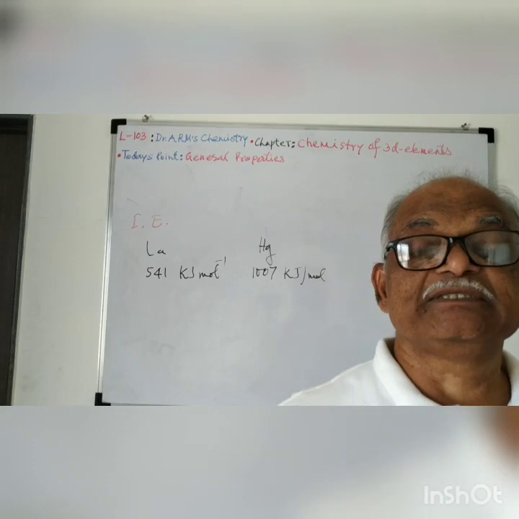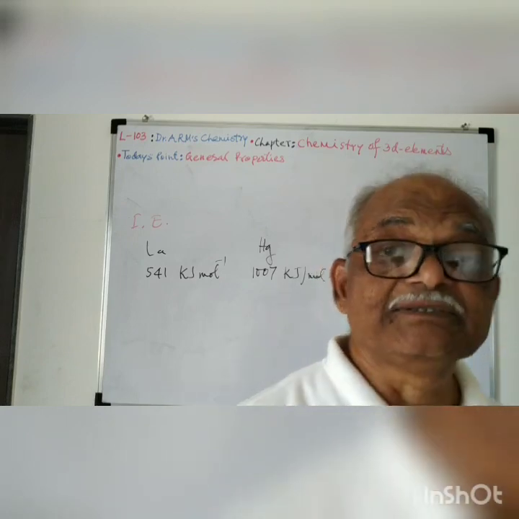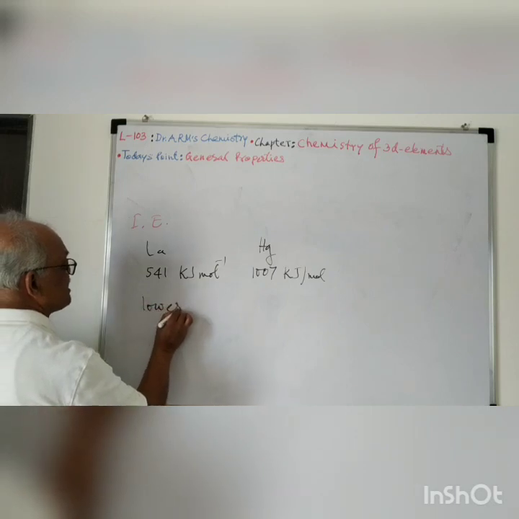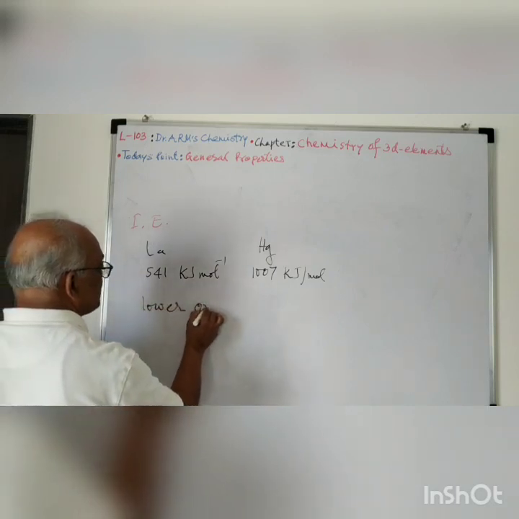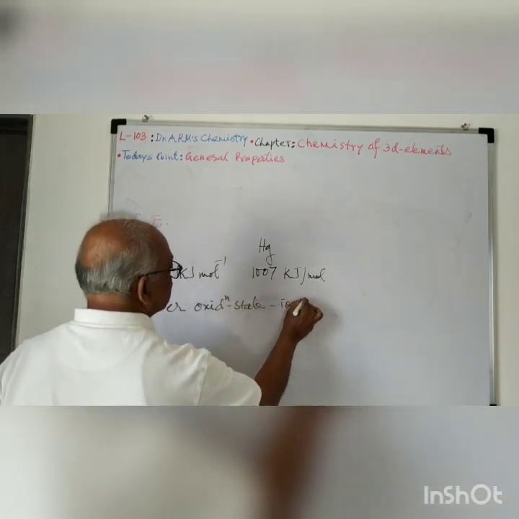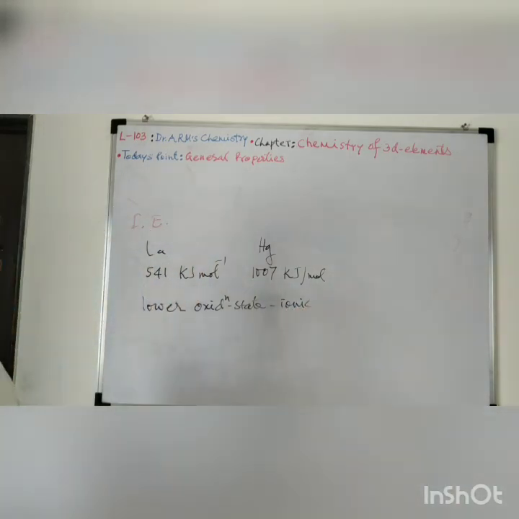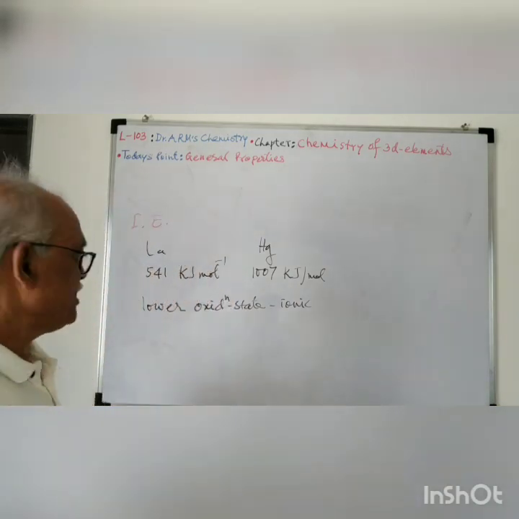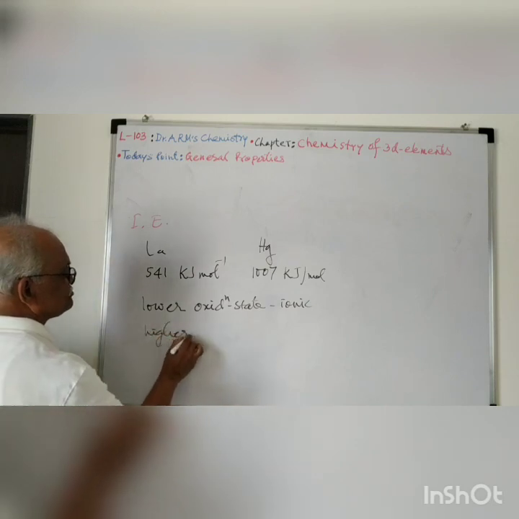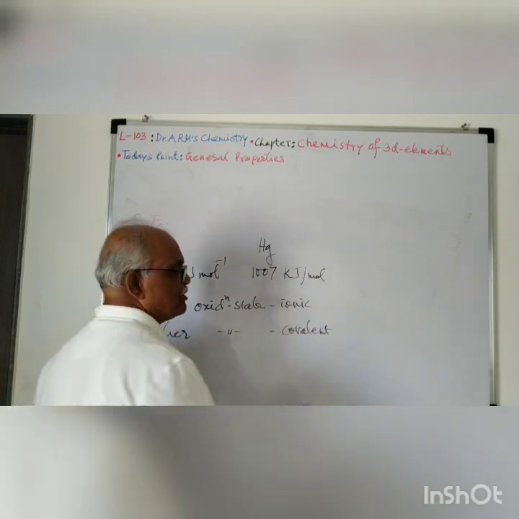So because of this, they may form ionic and covalent compounds. But there is also some difference. The lower oxidation states are ionic, means the elements in lower oxidation states form ionic compounds, whereas higher oxidation states give covalent compounds.